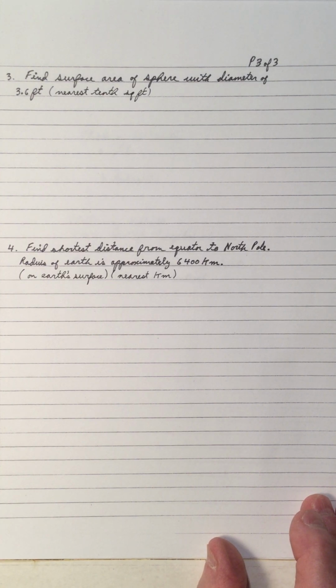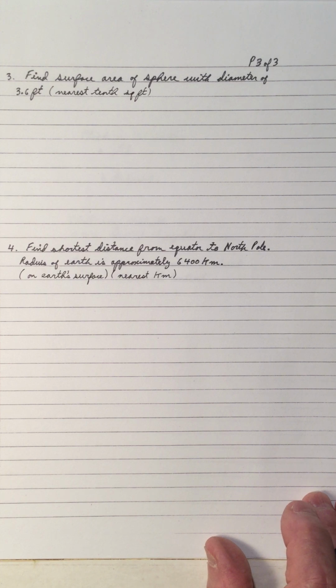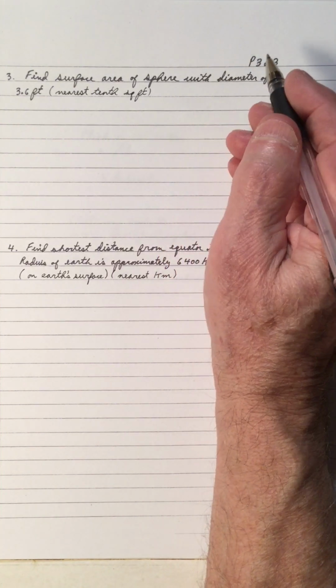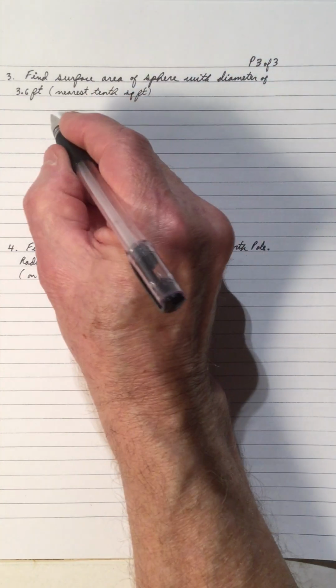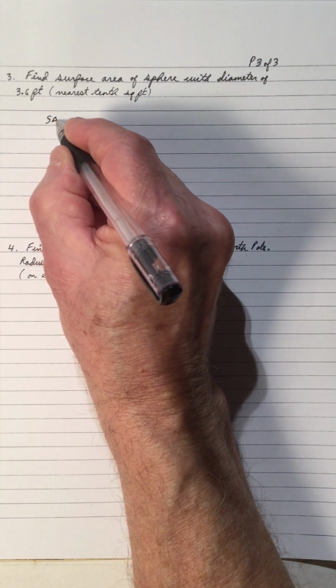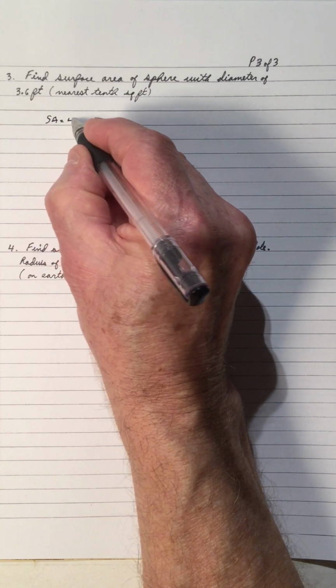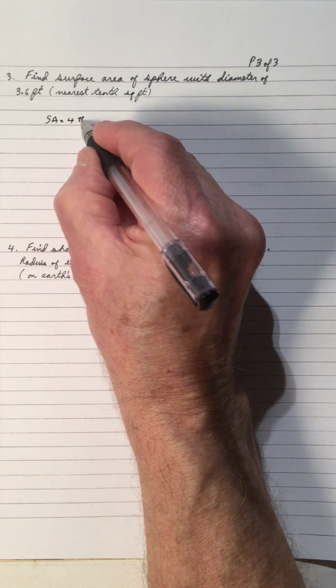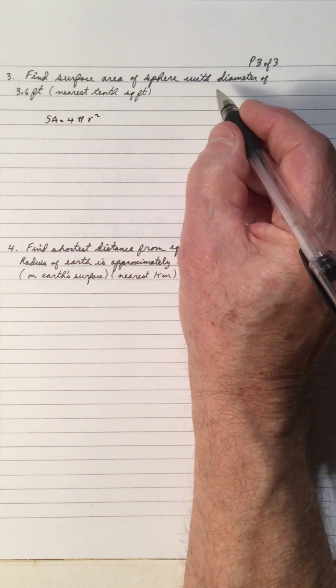Find the surface area of a sphere with the diameter of 3.6 feet to the nearest tenth of a square foot. Well, we have the surface area of a sphere is 4 pi r squared.